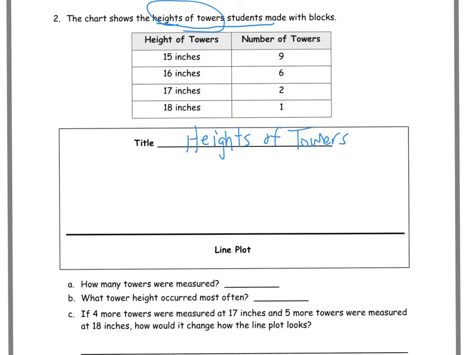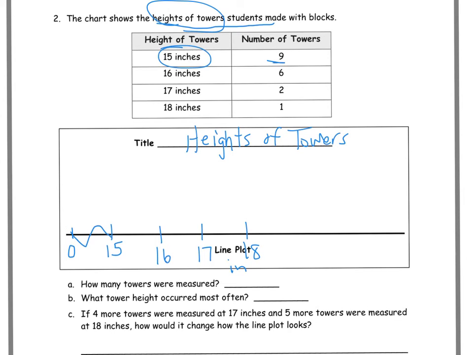So I have to start at 15, and I know my first one is going to be 0. My second, I'm going to jump right to 15 because that's the first number here. And I get to use that fun line break there where I get to break all the numbers out going up to 15. And then I can use the rest of it to label in my numbers. So 15, 16, 17, and 18.